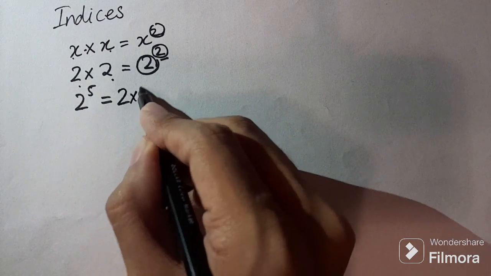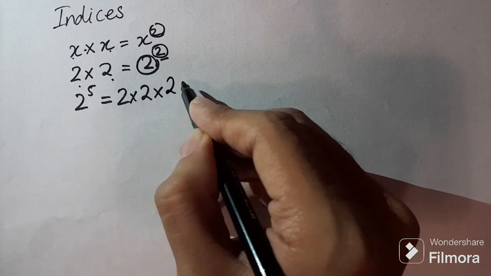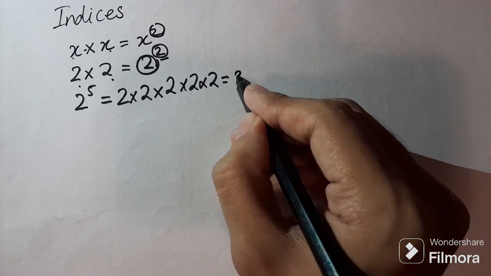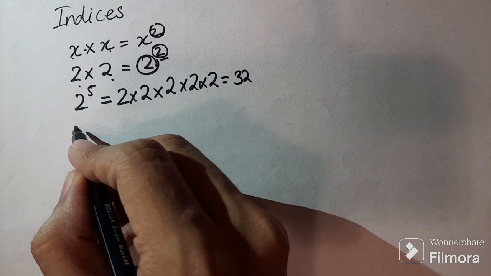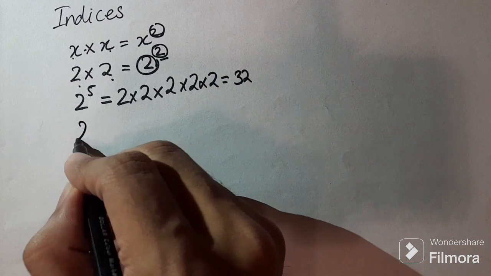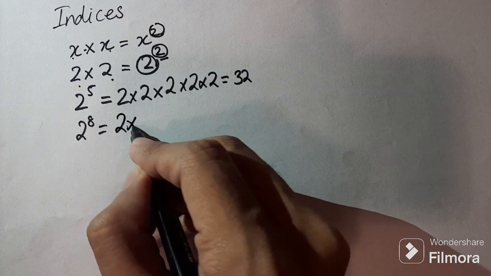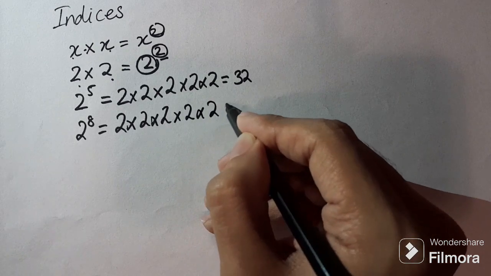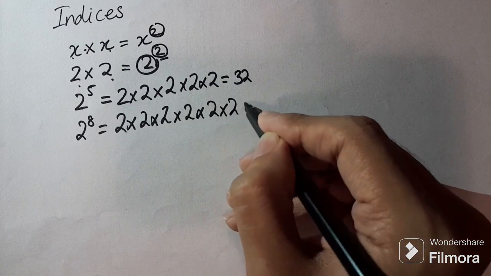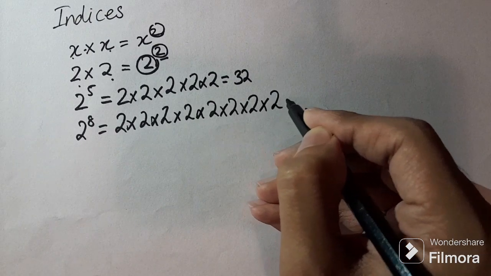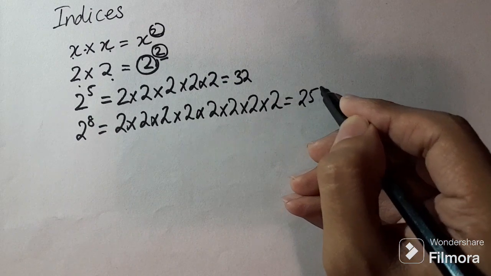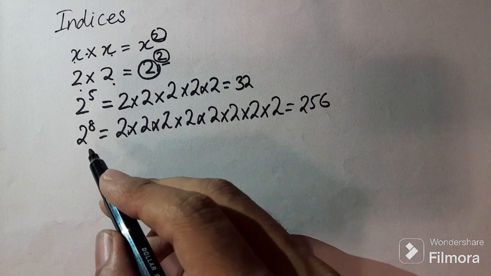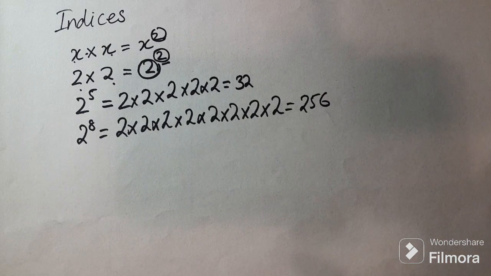So 2 multiplied by 2 multiplied by 2 multiplied by 2 multiplied by 2, which is 32. In another example, if we have 2 to the power of 8, which will be multiplied 8 times, counting 3, 4, 5, 6, 7, 8, this will be 256. So this is what indices tells you about index notation.